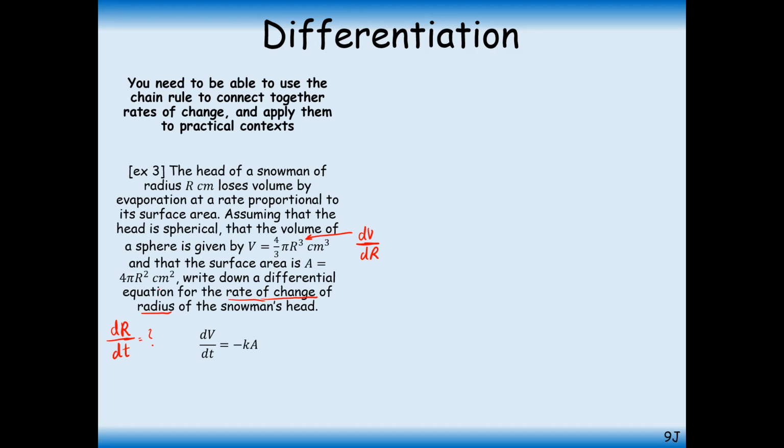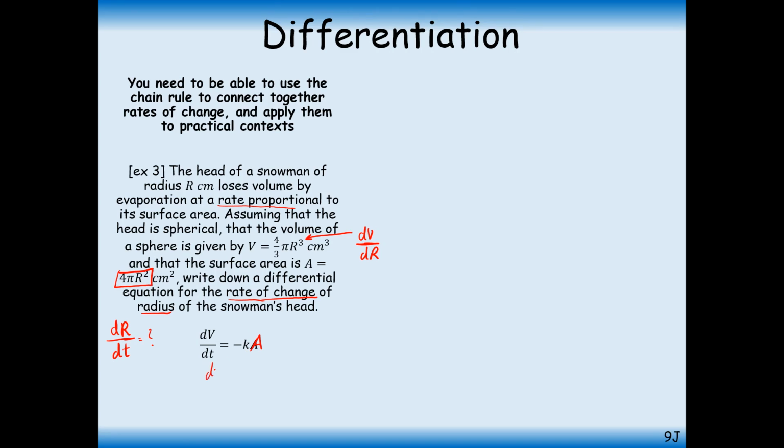The other piece is given to us here. dv by dt is inversely, it changes proportional to surface area, and the area here is this expression for 4 pi r squared.